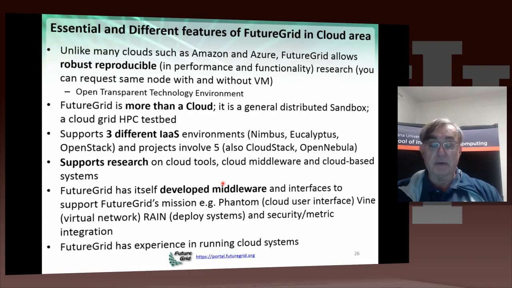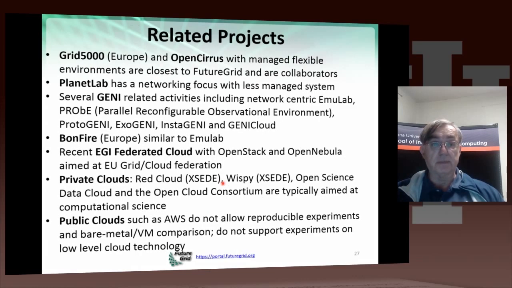And we've also had to integrate a lot of security and metric features so we can report FutureGrid use in the same fashion as other Exceed systems, and also allow the security model for users, which is independent of the fluctuating and different security environments offered by the different IaaS environments. And of course, we have a lot of experience in running cloud systems.